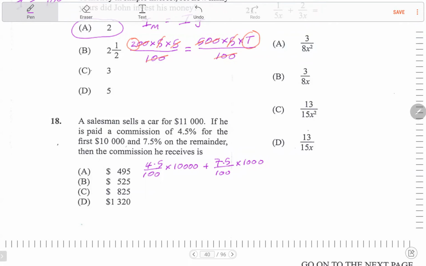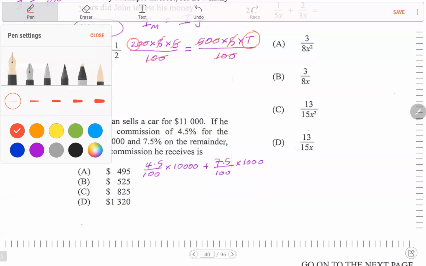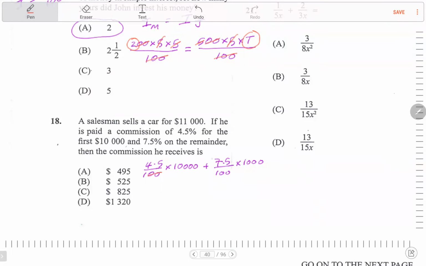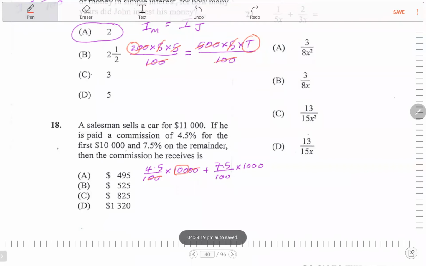All right, so if you work this down simply, cancel down again, because in the exam you cannot use the calculator. These 2 zeros cancel these 2 zeros, then move the decimal point 2 places to the right. So this value becomes 450. We're talking in dollars.